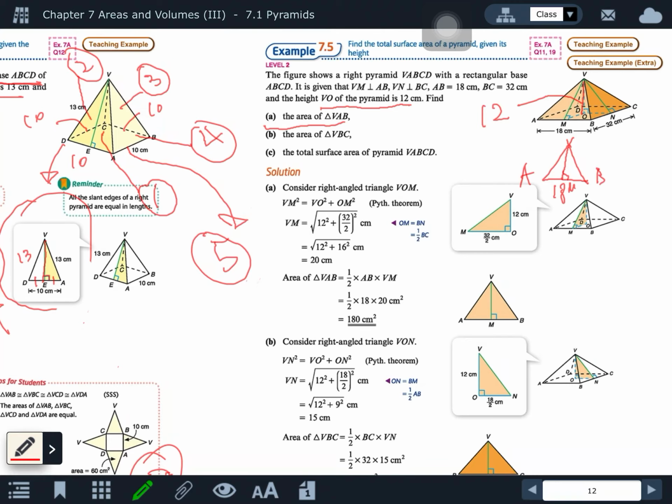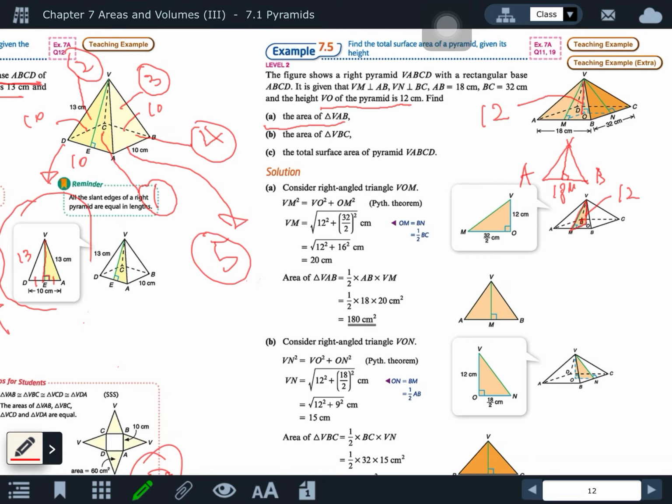First, I have a right angle triangle VBM. What is the length of VO? It is the height of 12. And what is the length of OM?